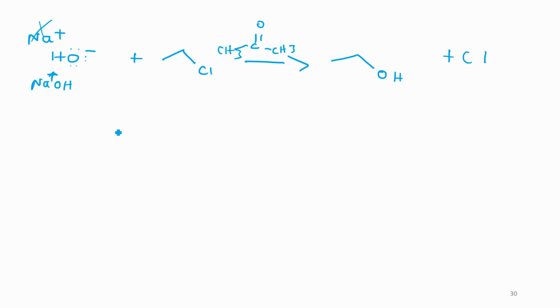One thing the solvent will do is to take away the Na+, because the Na+ is going to be joined onto the lone pair of the carbonyl of acetone. So you're going to be left with OH minus by itself. In this case, we usually say the solvent helps to make the nucleophile naked.